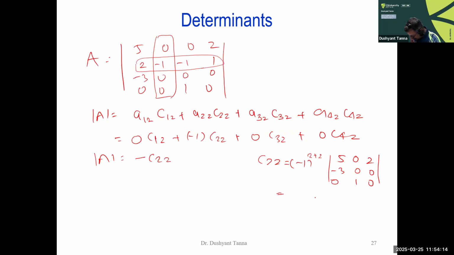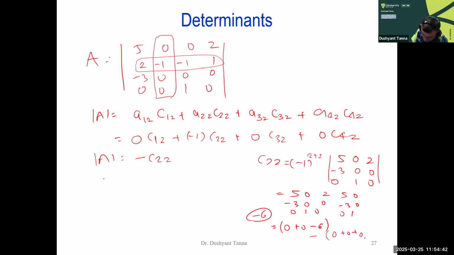If I expand it, again, you can go for expanding it. 5 0 2, minus 3 0 0, 0 1 0. So that will be 0 plus 0 minus 6, minus 0, 0 and 0. Simply this is minus 6. I put that up here, minus of minus 6, and determinant is 6.